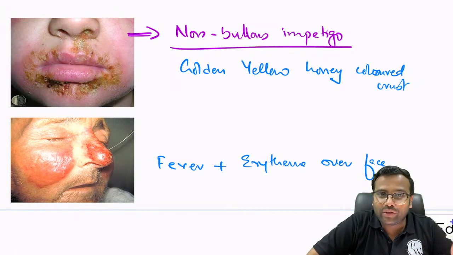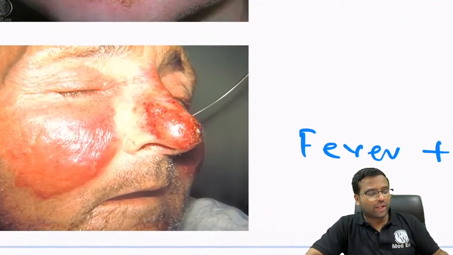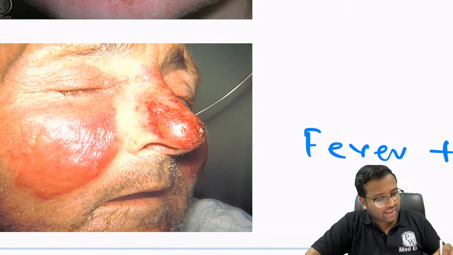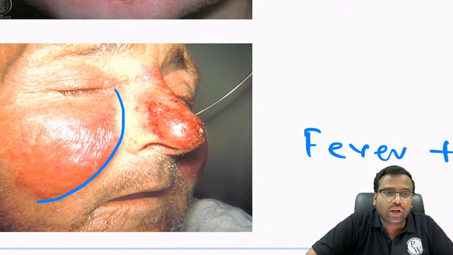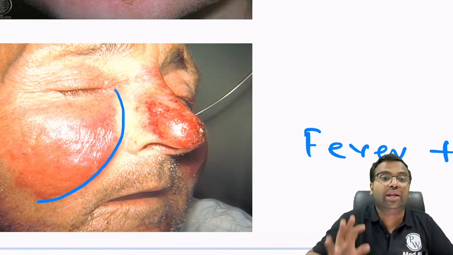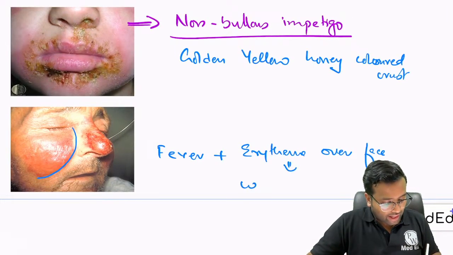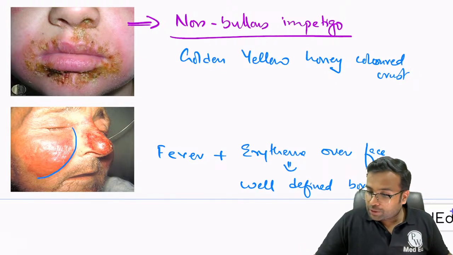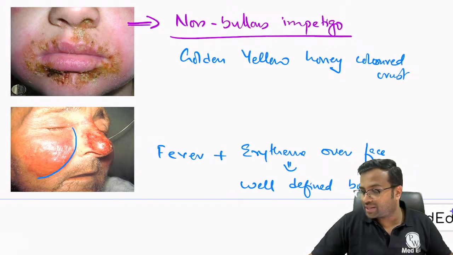Patient is having fever, there is some erythema over the face. Now we are examining the face very closely. So once we are examining the face very closely, I can see that it is a well demarcated lesion, or the borders are well defined. So there is erythema over the face with a well defined border. I would love to hear what is your diagnosis in this case.